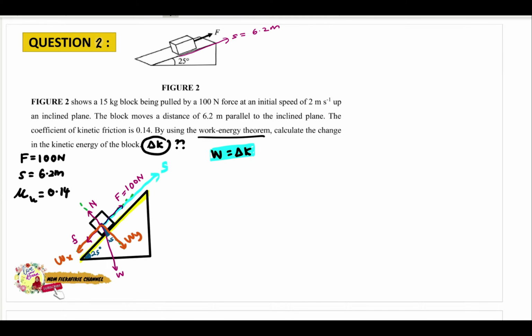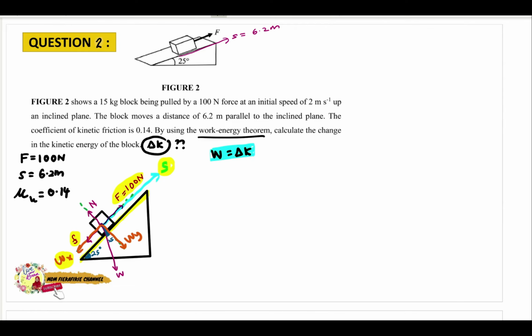Okay, so for the work done, kita nak consider force apa? Tengok pada force that is parallel dengan S, ataupun dia parallel but opposite direction. So for F equal to 100 Newton, it is parallel with S. Tapi untuk friction and WX, it is parallel but opposite direction.